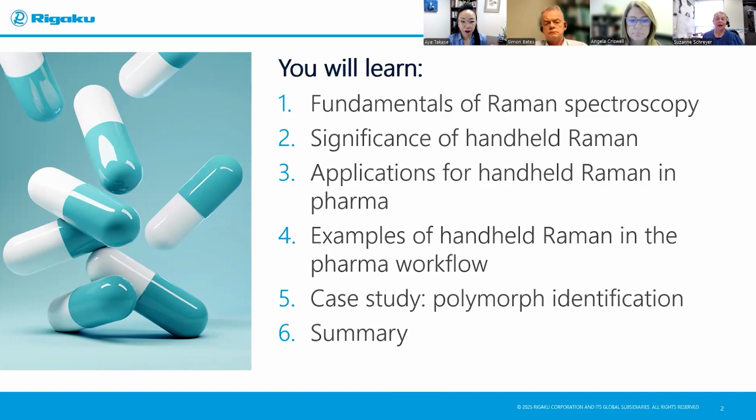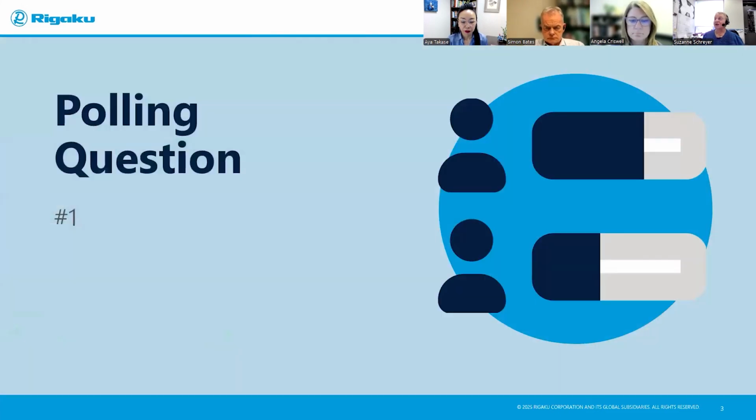Okay. And before we start, we have a polling question. Let me start the second polling question. What we wanted to ask the audience for this part of the webinar is, how familiar are you with handheld Raman spectroscopy? So you might say you're very familiar and I use it regularly, or somewhat familiar.